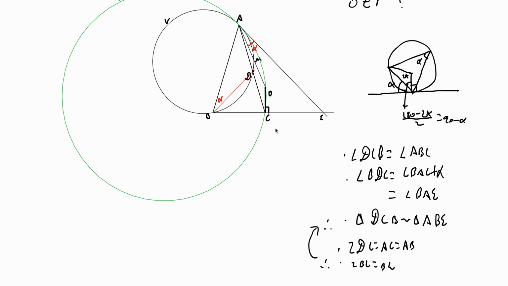Okay, then how should we continue? Let's take a look at another piece of information.